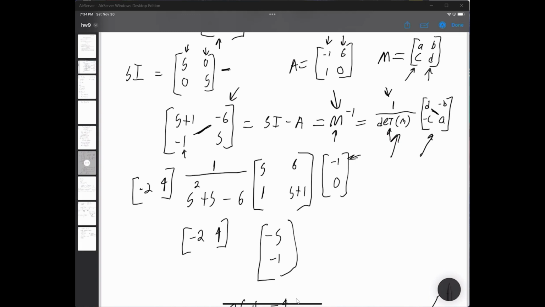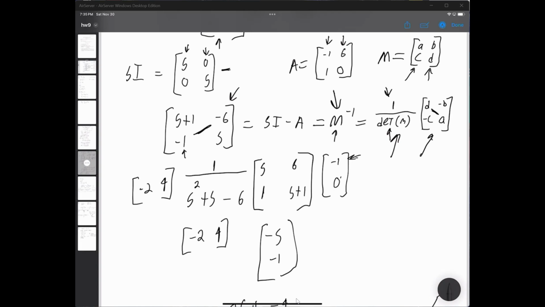You need to have an equal number of rows to the number of columns, because you need to have S times the first row and then 6 times the second row. If you have S times negative 2, there's nothing down here, so you can't do that.